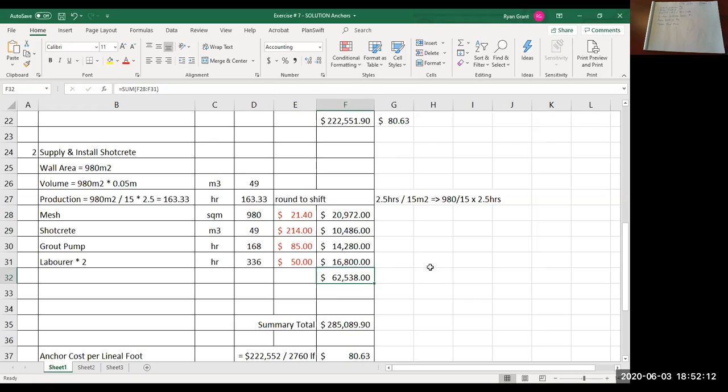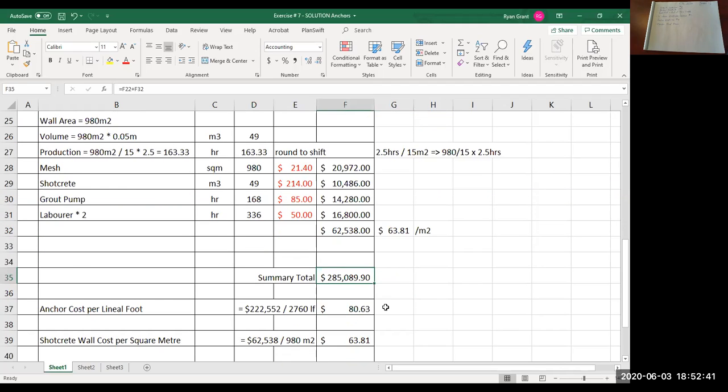And similar to the calculation above, I was looking for a total unit cost, so total dollars divided by your total area. So per square meter, about $63 a square meter, and this one was $80 per lineal foot.